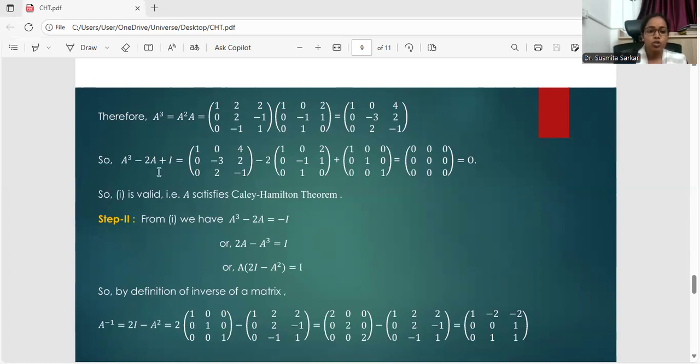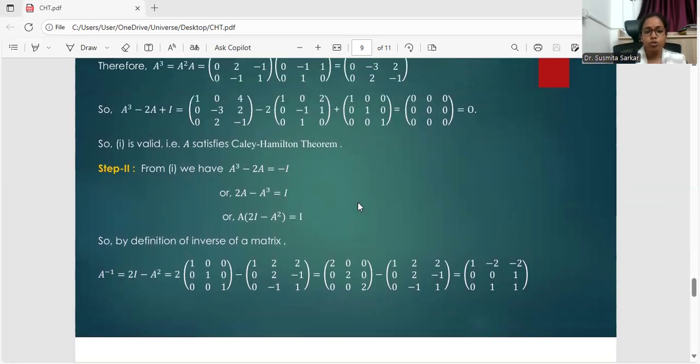So A³ − 2A + I, putting all the values of A³, A and I₃, we get the zero matrix of order 3 by 3. Therefore, the square matrix A satisfies its characteristic equation. That is, the Cayley-Hamilton theorem is verified.